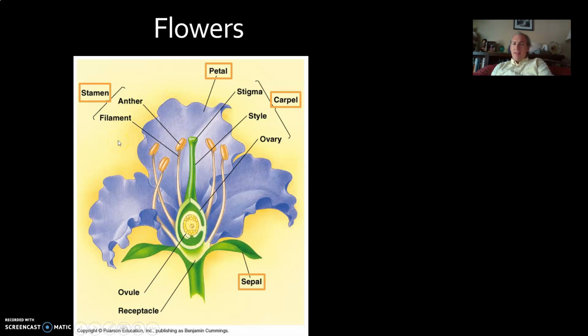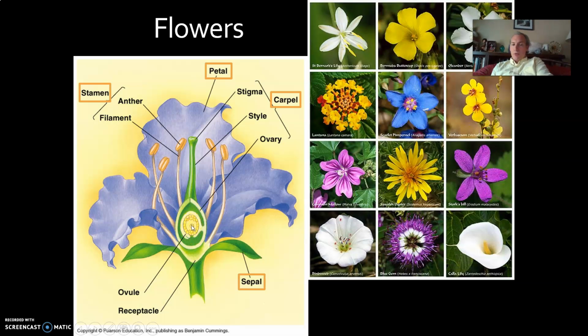And then the carpel, which is deep in the middle of the flower and ultimately where the seed is produced. Okay, so basically, if you look at a flower from the outside in, it's almost like a little universe of planetary rings going to the sun in the middle. We've got sepals, petals, stamen, and the sun in this analogy is the carpel.